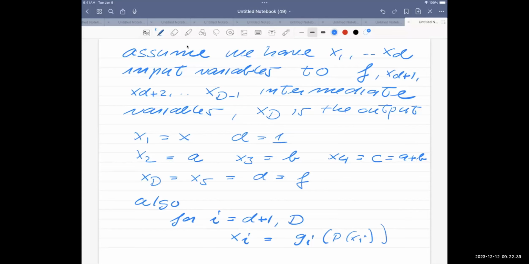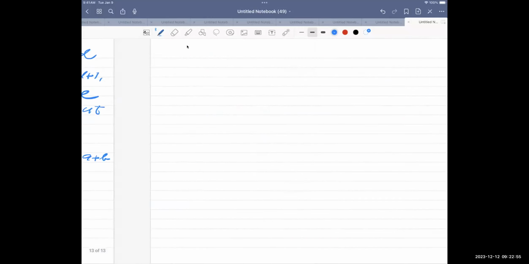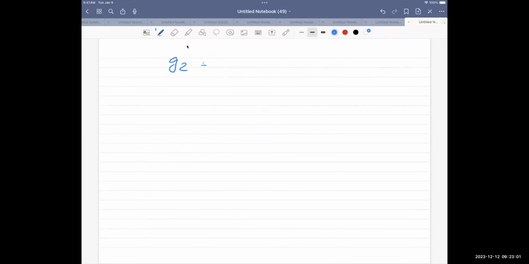And these g of i are elementary functions, and the parents are just the parent nodes of the variable x of i in a given graph. So if you now look at the algorithm which we would have, translated in our simple example, it means that this g2 here would simply be given by the variable x.